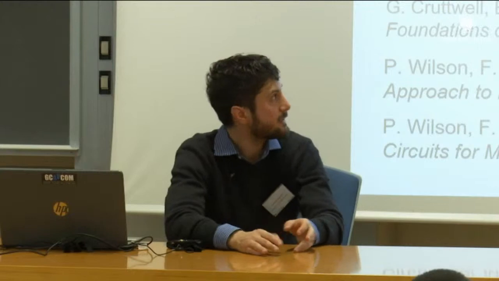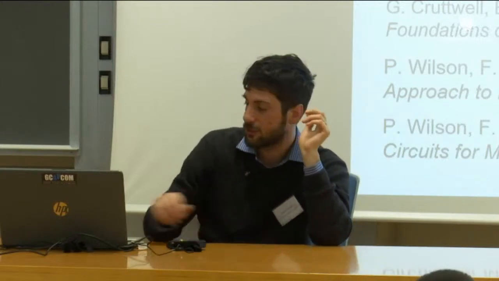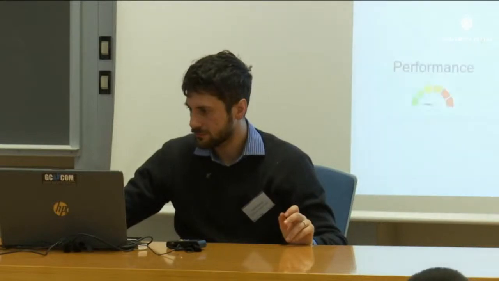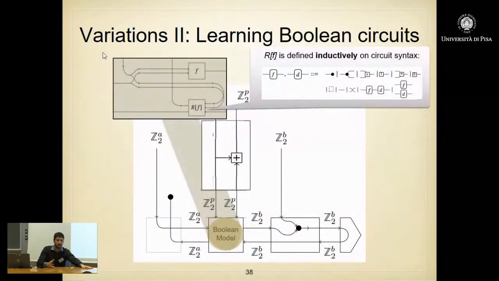You have this syntax that I showed before, which tells you precisely what the Boolean circuits are. They are just the morphisms generated by these generating morphisms. And you can do the same with neural networks. You can imagine having some generating morphisms, and the neural networks are precisely the generated morphisms in this category.